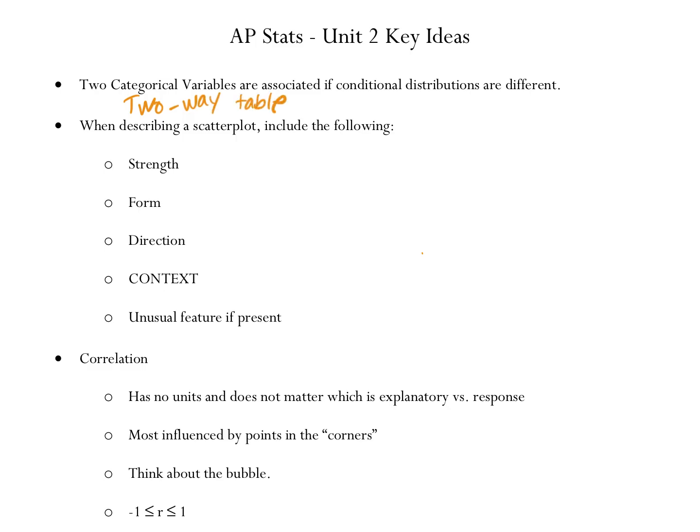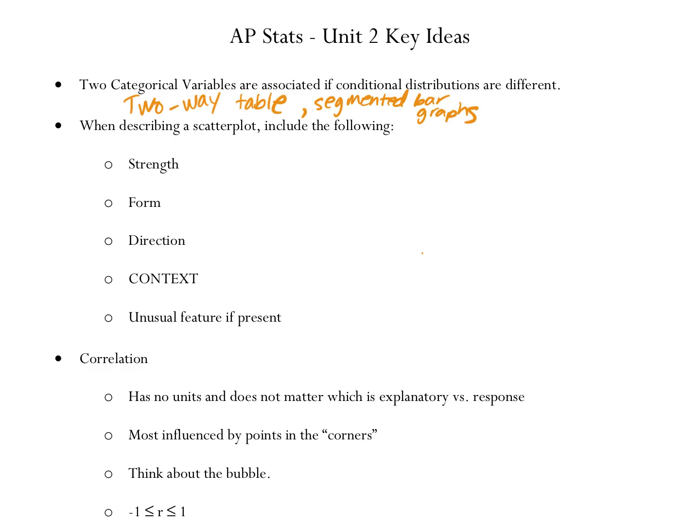In that two-way table, what we looked for is whether the percentages across the table were the same or different. Remember those segmented bar graphs? If they showed differences in those proportions, that's what it would look like.